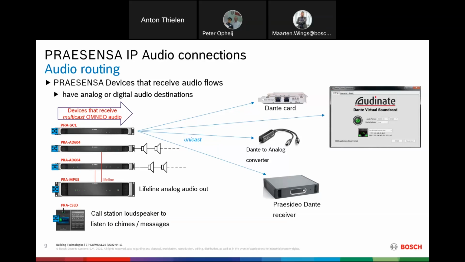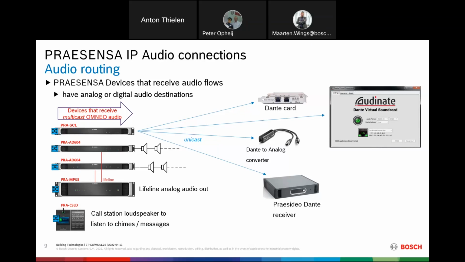That means you have a loudspeaker on it, so when you start a call, you can hear the chime playing. So that chime is not recorded or sent from the call station itself. No, that chime is actually coming from the system controller. So if you start a call, it's like a built-in receiver, which receives the audio stream from the system controller.